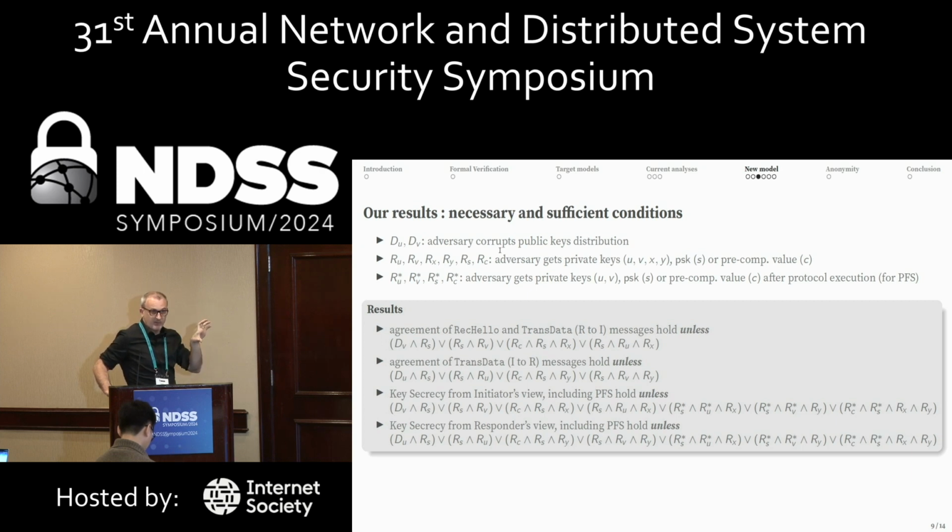This is how we read the result we obtain. So we have this kind of result for all the properties, agreement of all messages, key secrecy from the initiator view and responder view. So now that we have the results, how do we interpret them?